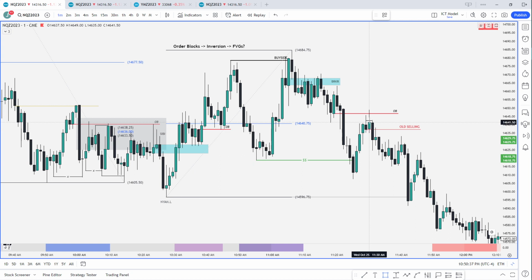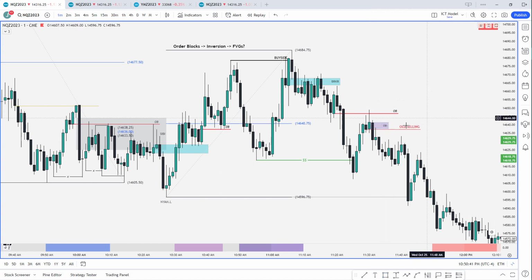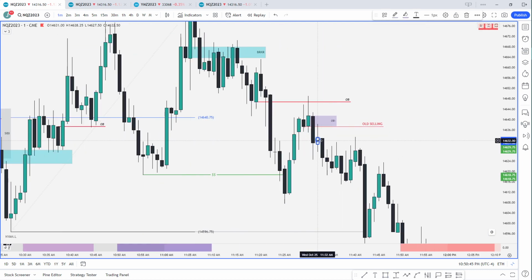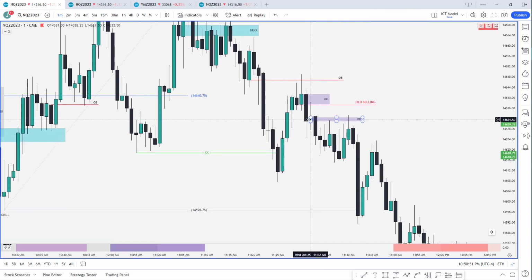So we have here an order block, bearish order block, up close candle, another bearish order block right here. Close below it. Here we do have a candle body. Oh, there's an inversion fair value gap right there.